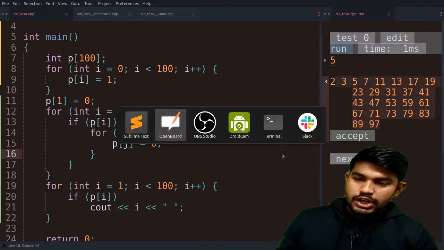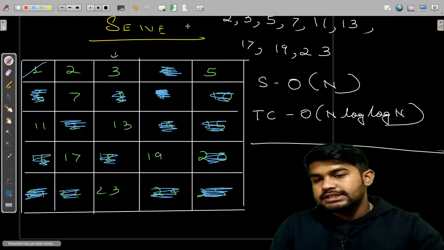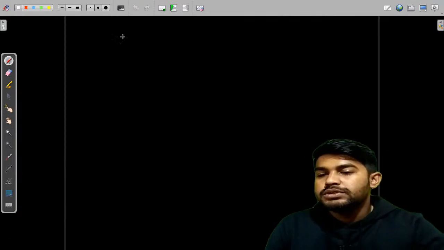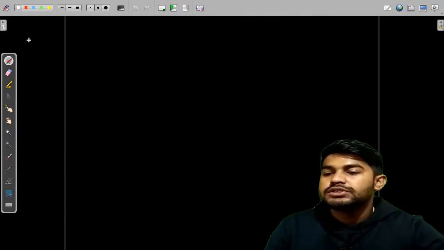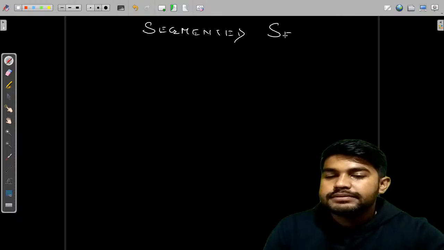So let's now move to the second part. This is the bit advanced way. The name of this is segmented sieve.